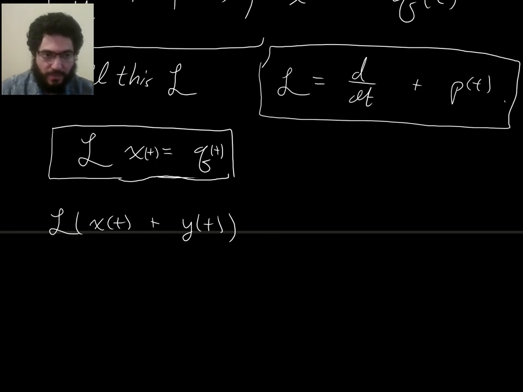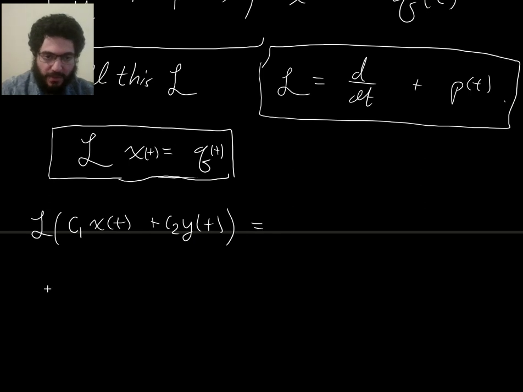So let's see. And actually, for the full picture, to see what linear means, or to check that L is linear, I need to not just apply it to a sum, but to a linear combination. So something like c1 x of t plus c2 y of t, maybe. Apply L like that.